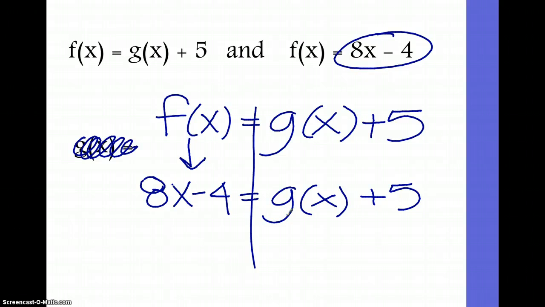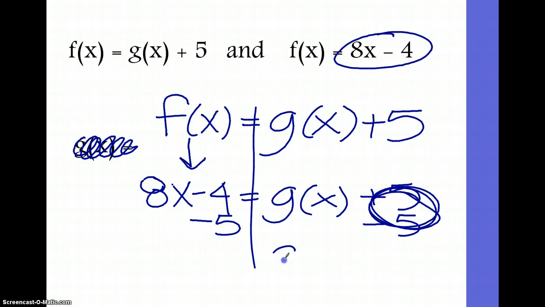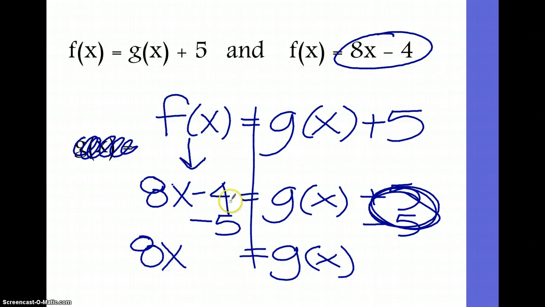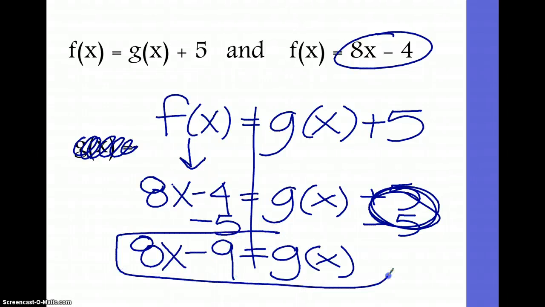So we need to get rid of plus 5, which means we're going to minus 5 to get 0. And g of x equals, I bring down 8x, negative 4, take away 5. It's the same as getting more negatives, so that's negative 9, which is the equation for g. So 8x minus 9.